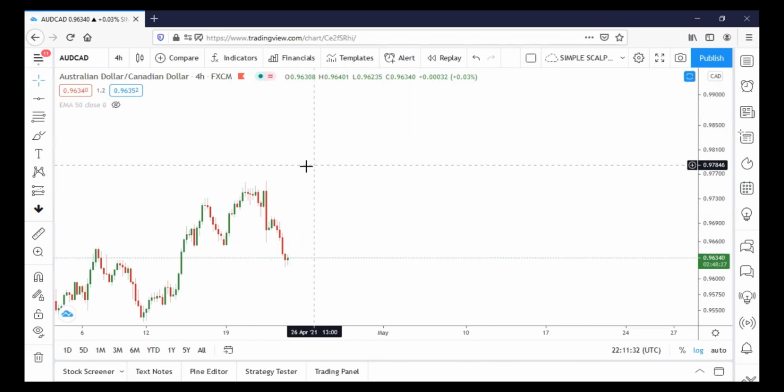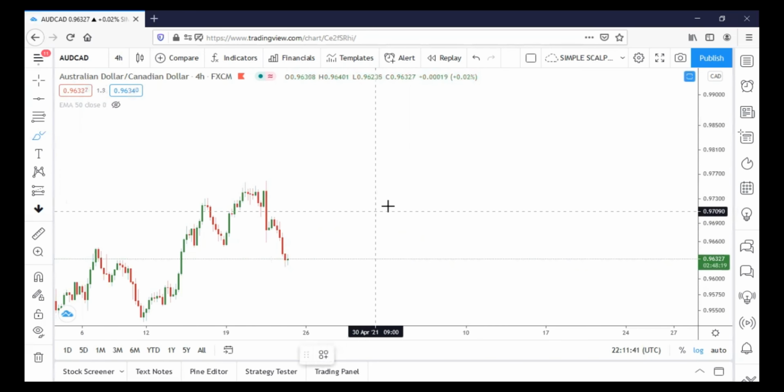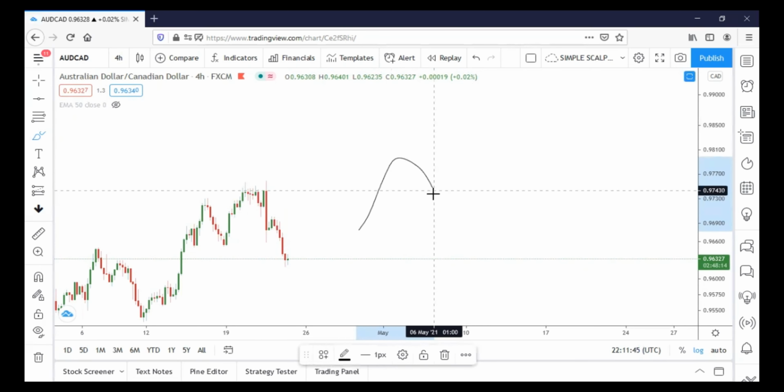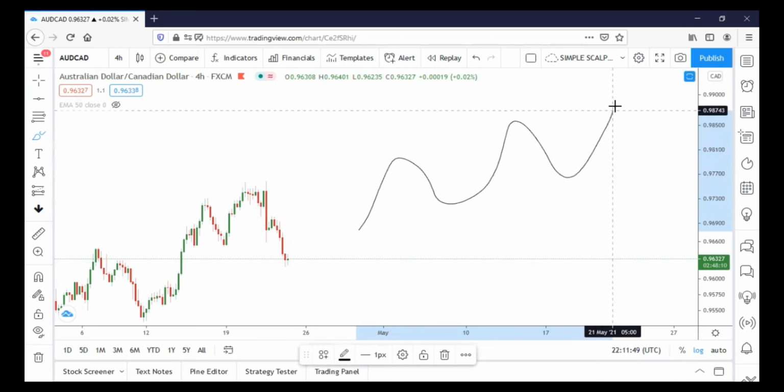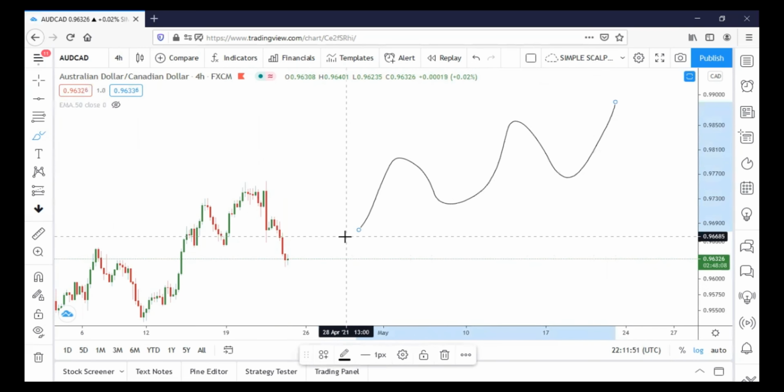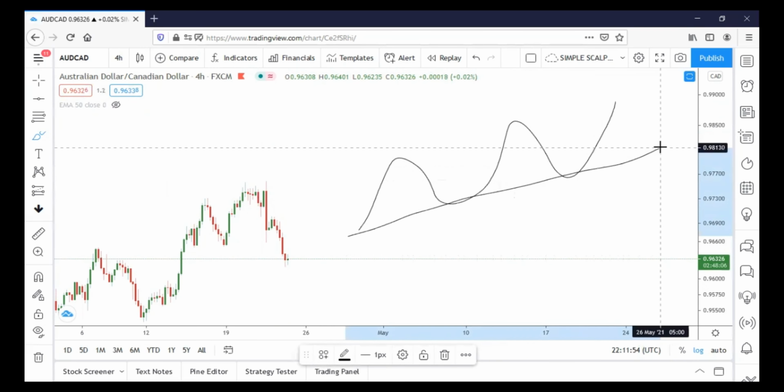Okay, so guys, what do we want to see with this strategy, and how can we ride this trend? The only thing we want to see is a trend. In the case of an uptrend, we want to be able to see a movement this way, then follow that with a moving average.